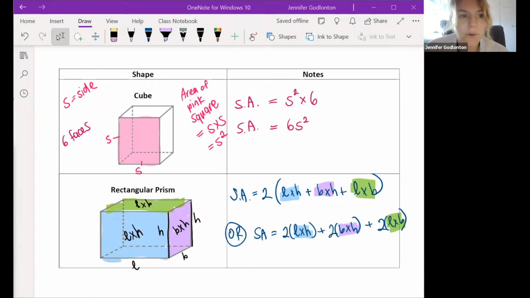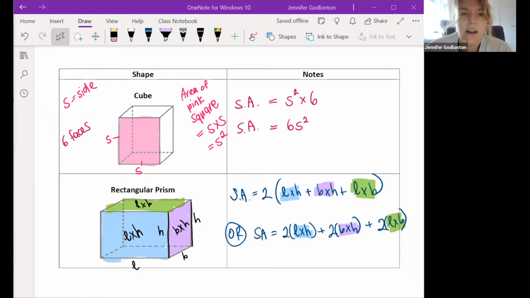Okay, so now before we move into examples, does anyone have any questions or concerns or worries about this rectangular prism? Please feel free to ask. Yes, Jasmine, how can I help? Which is best to use? Look, it depends on the question.